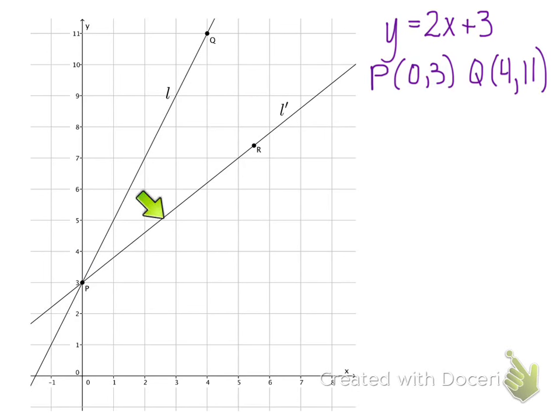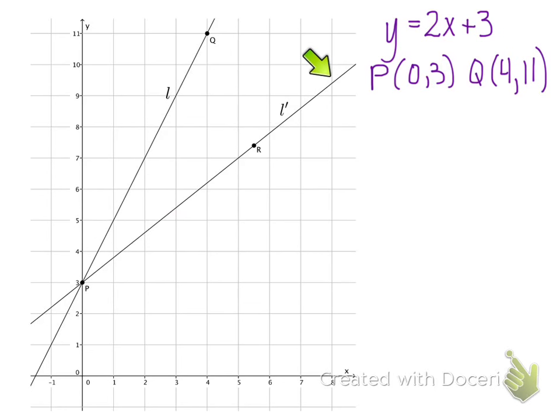Okay, so if we can show that line L prime has a slope of 2, then we'll know that line L prime is the same as line L, and that point R, which is just an arbitrary point that's a solution to this equation, would have to be on line L too. Okay, so that's our goal.